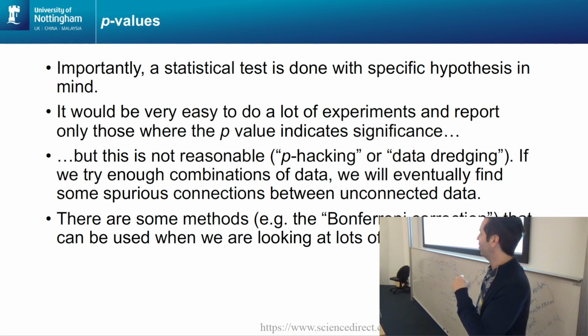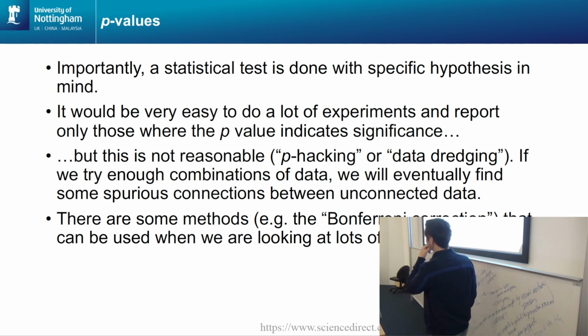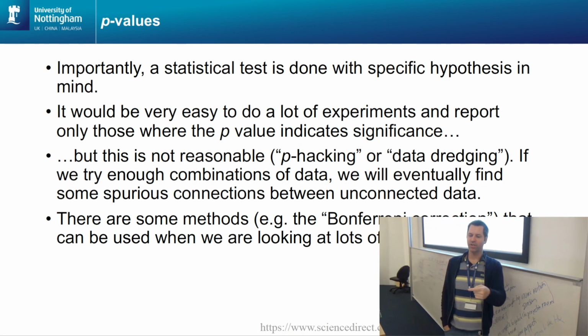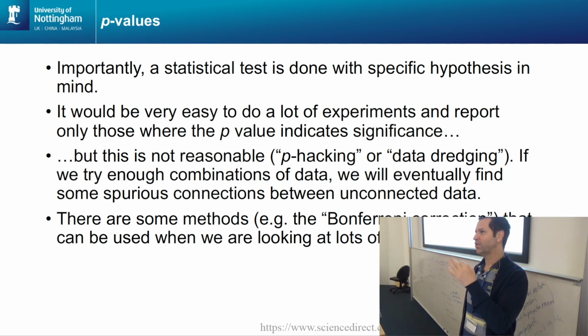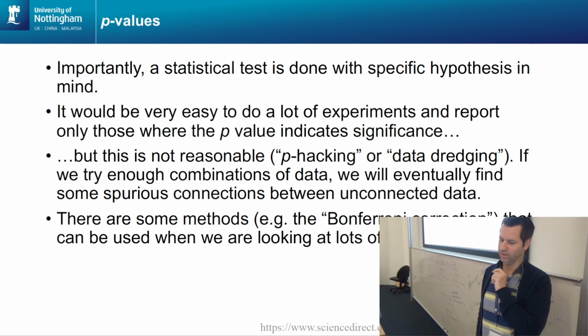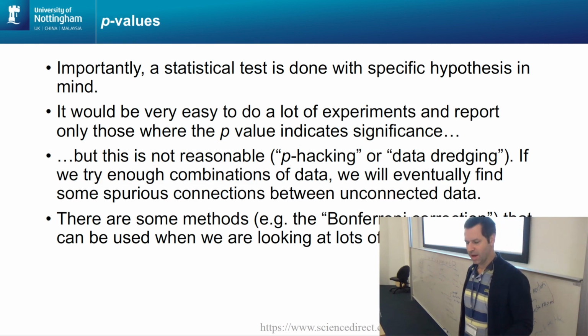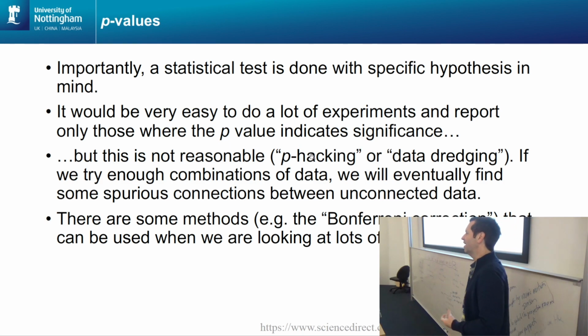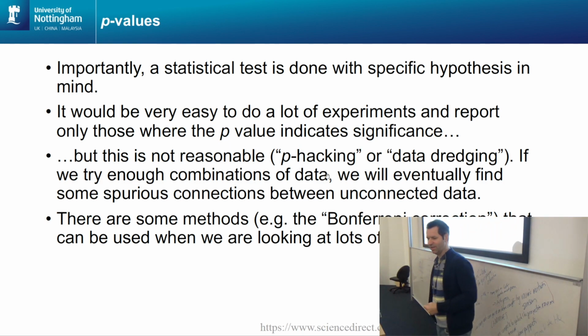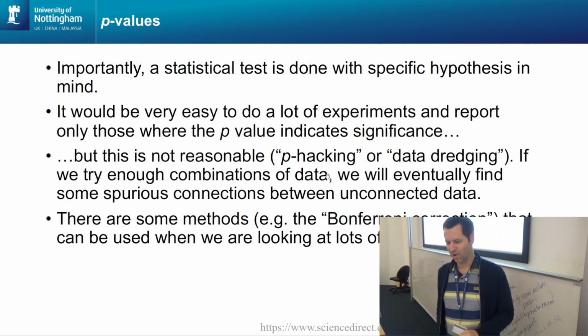Why do I bring this up? You can conduct many experiments, generate poor p-values, and then only report positive ones. In statistics, this can be called p-hacking, or data dredging.